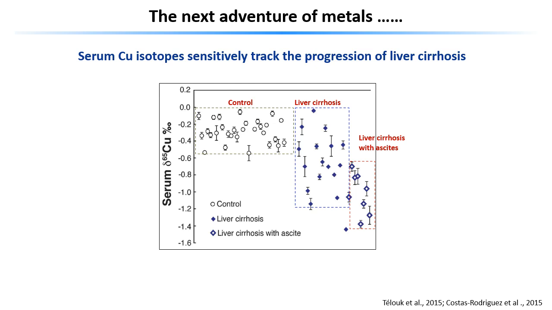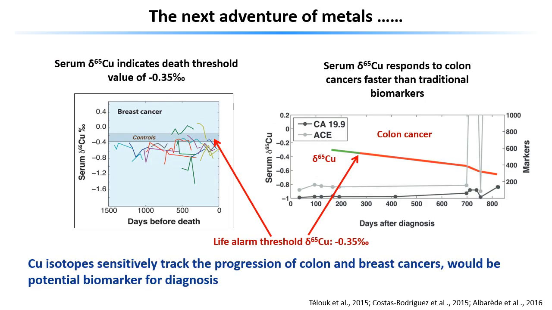The control values mean the healthy persons. And even lower values are found for liver cirrhosis with ascites. Such success is not random. I want to mention that more studies confirmed successful application of copper isotopes to colon and breast cancers.